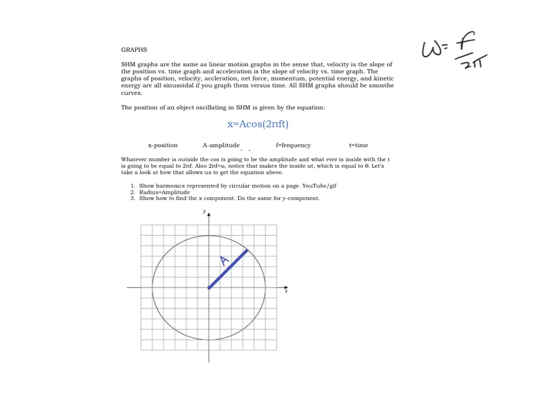Then you could plug that in and you would get x is equal to A cosine omega t as well. So if you're looking for just the angular frequency, know that that could be the way you look for that as well.